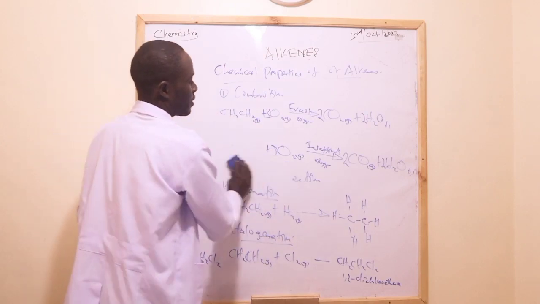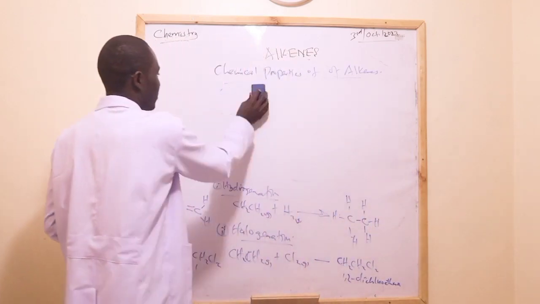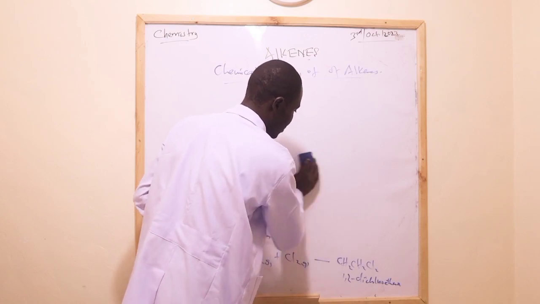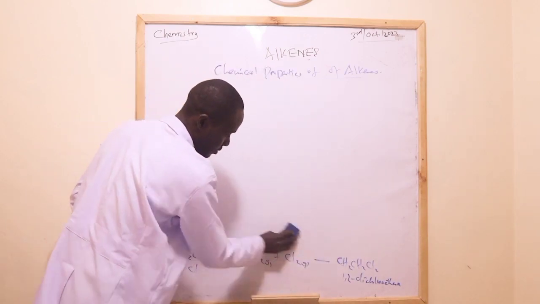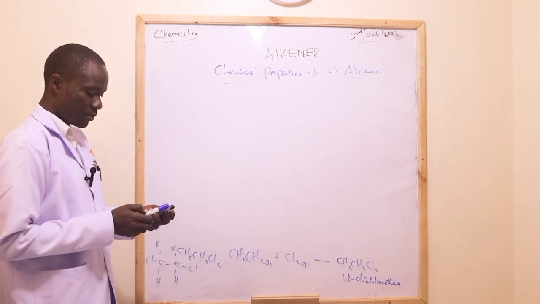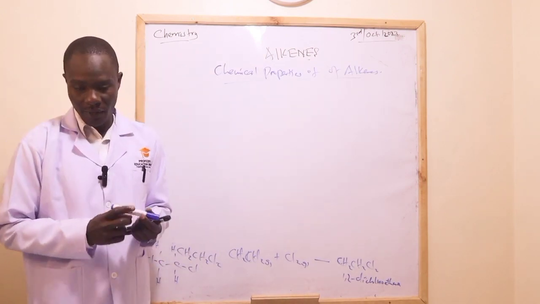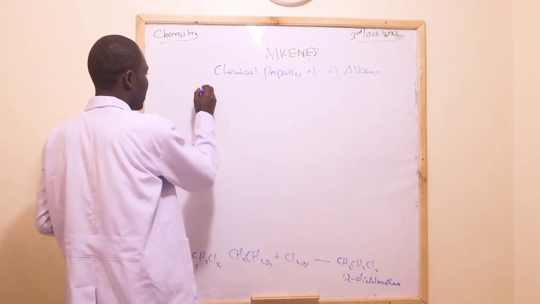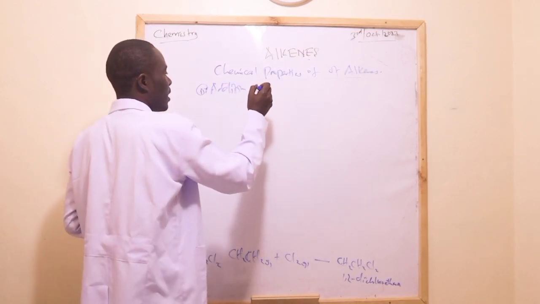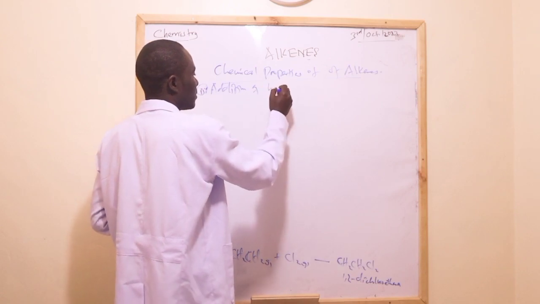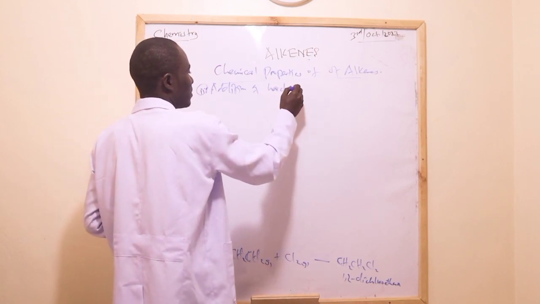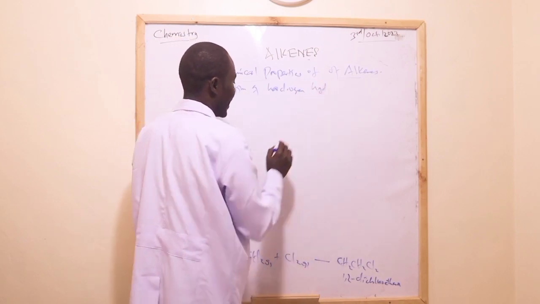So moving forward, the third type of addition reaction, other than halogenation, allow me to rub off here as we continue. The third one, we have Roman 3: addition of hydrogen halides.